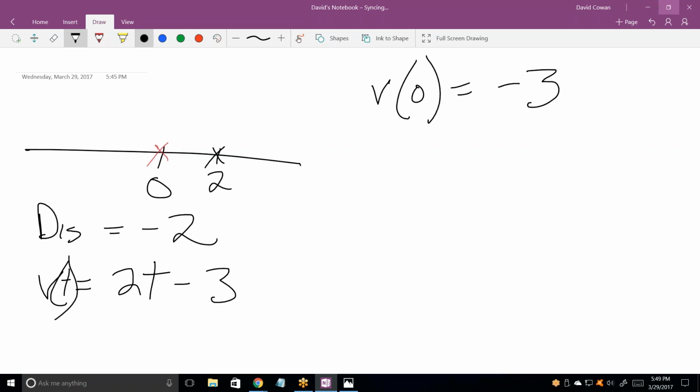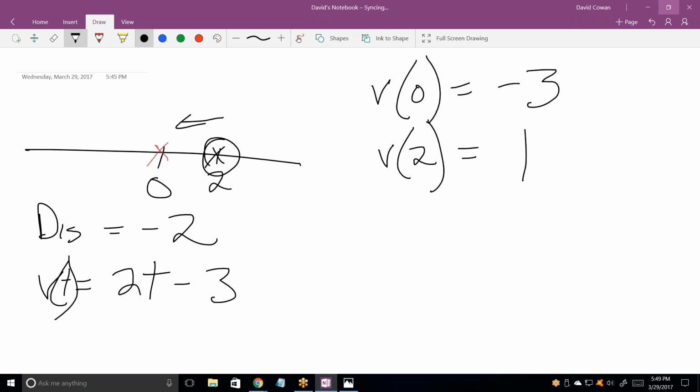What that means is that at the very beginning, this particle is moving to the left at 3 units per second. Our first motion is that way because velocity at time 0 is -3. Minus velocity means you're moving left. Plus velocity means you're moving to the right. What is v of 2? That would be 1.